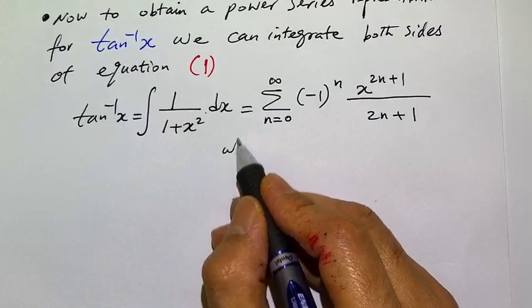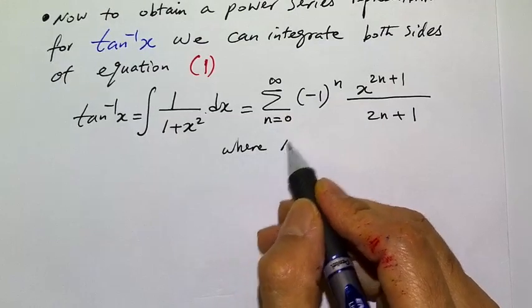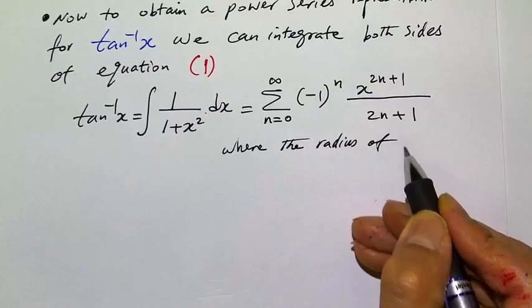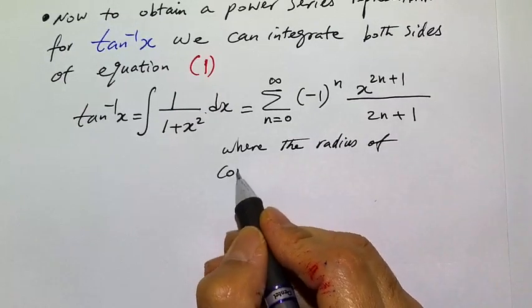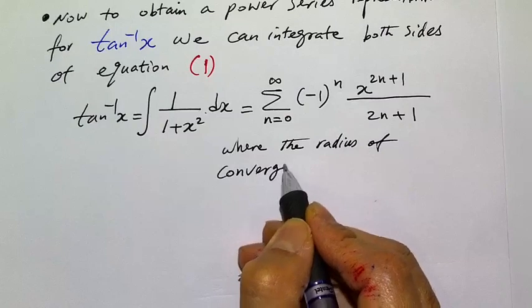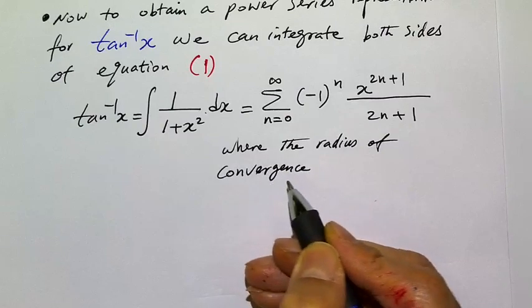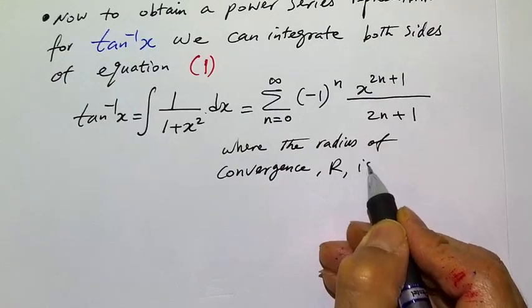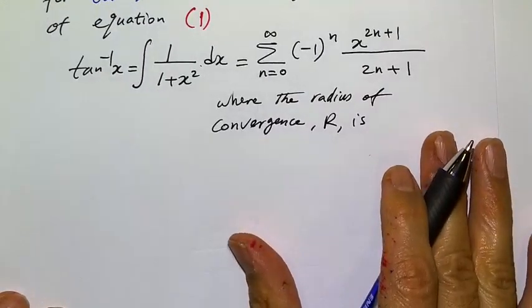So where the radius of convergence r is as follows.